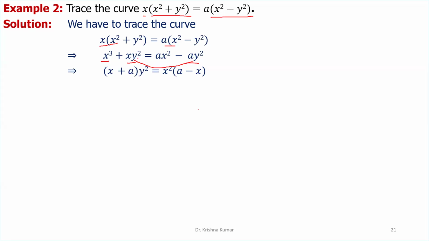So x plus a and y square is common, and we can take this to this side. x square we can take common and a minus x, which gives us y square is equal to x square into (a minus x) divided by (x plus a). Let us give it equation number 1.